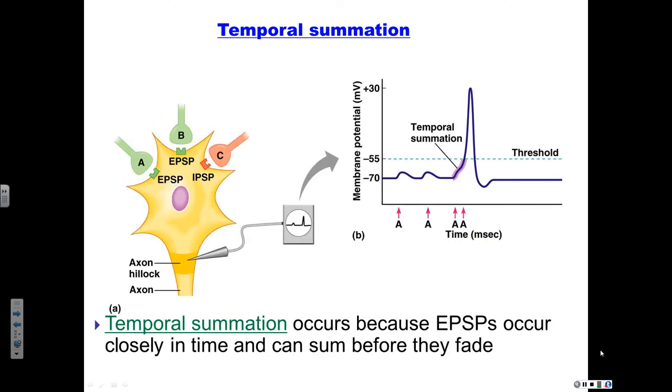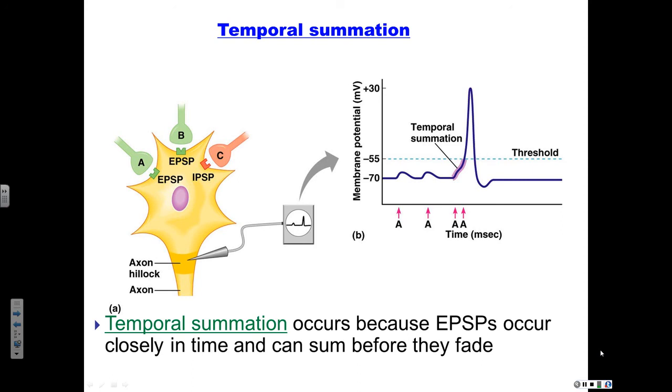Now, temporal summation. We again have A, B, and C. A fires, and you get nothing. You get a signal, but you don't reach threshold. A fires again, and you don't get threshold because they're temporally separated.